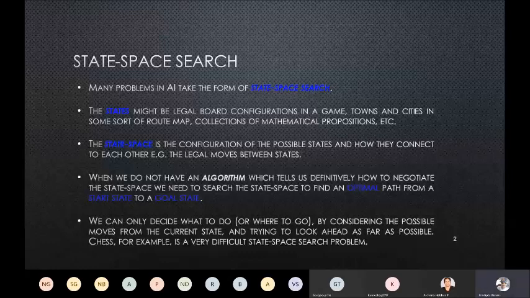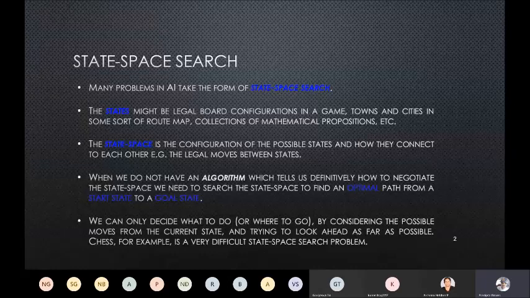Now there should be some conditions for a state space search algorithm. We should have some sort of operation for moving between states, that means going from one state to another. And to initiate, we should have a start state. And there should be some notion of termination of our search. It should not be an indefinite search.